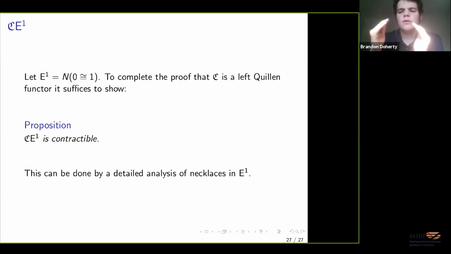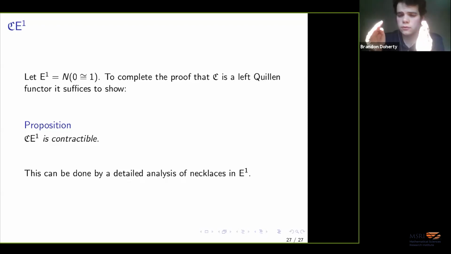And so the fibrations between fibrant objects in the Joyal model structure can be characterized by the right lifting property with respect to inner horn inclusions and also the inclusions of endpoints into this simplicial set, which I've denoted E1 here. That's the nerve of the walking isomorphism.